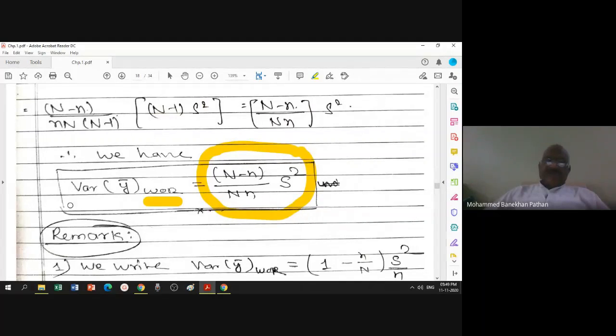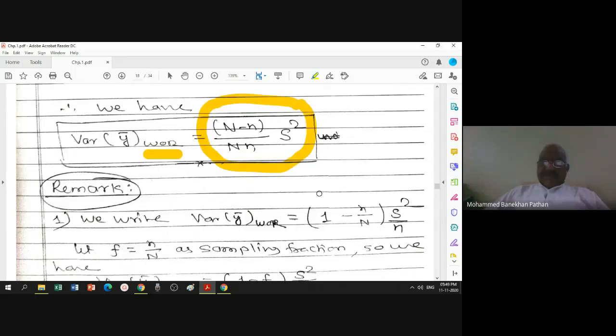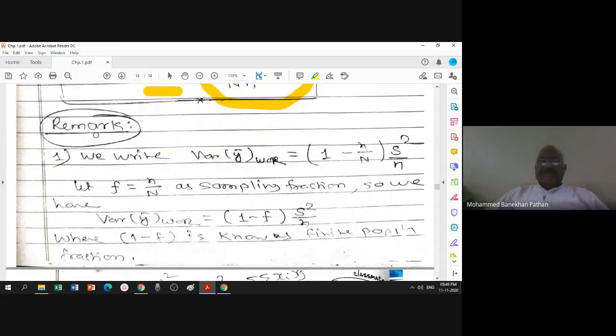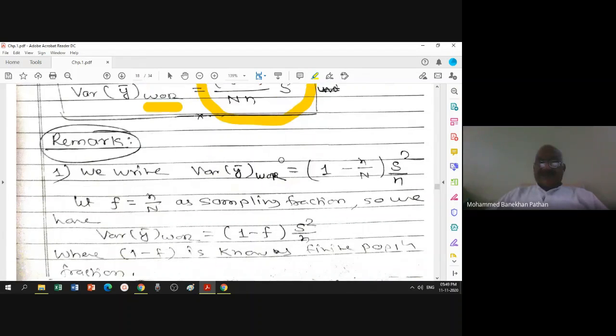If I want the standard error, just take the root of this quantity. That will be the standard error of the sample mean under without replacement. I put a certain remark. We write variance of y bar without replacement.